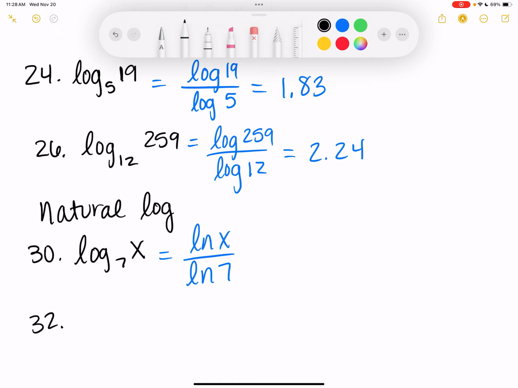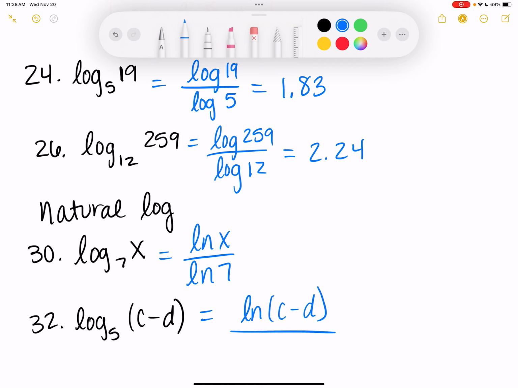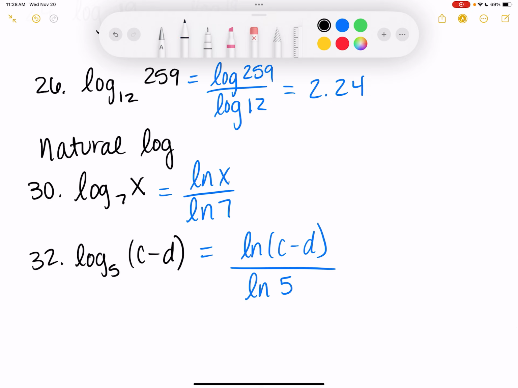32, we have log base 5 of c minus d. So this one, even though they've thrown some other stuff in here, would just be the ln of c minus d over the ln of 5. And then the last ones are doing the same thing, but using a common log.